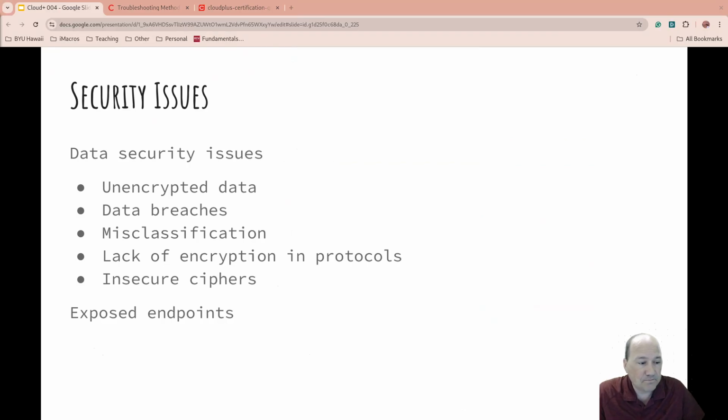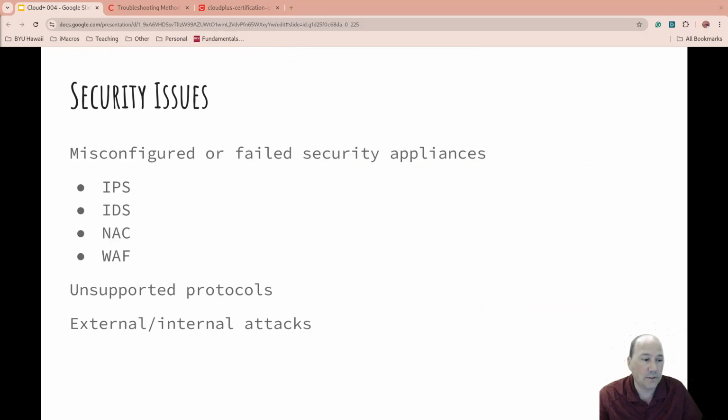So lack of encryption in protocols. Are you using insecure ciphers? Are the proper endpoints exposed, and are ones that are not supposed to be exposed not exposed? Are you using an intrusion prevention system, or are you just detecting and then having manual intervention?